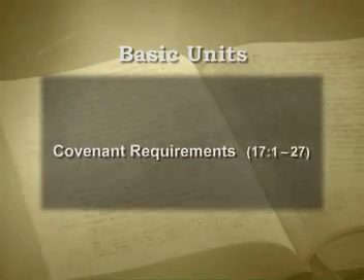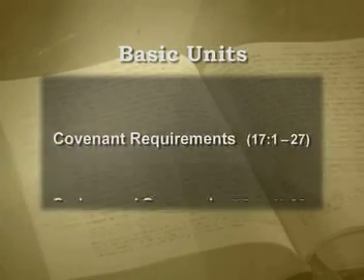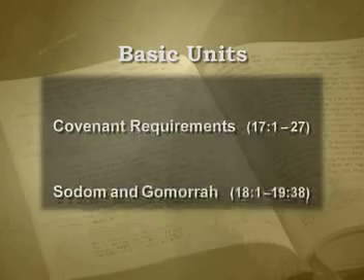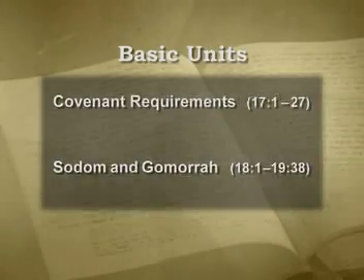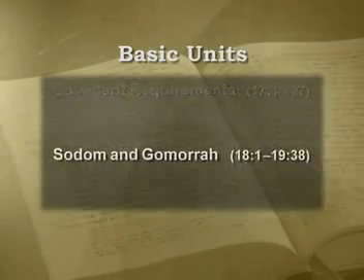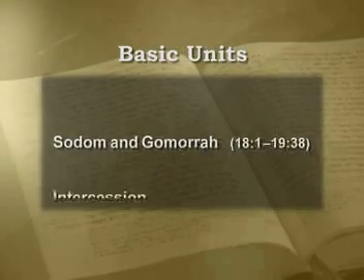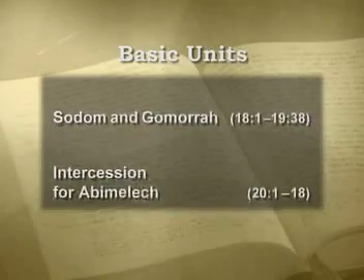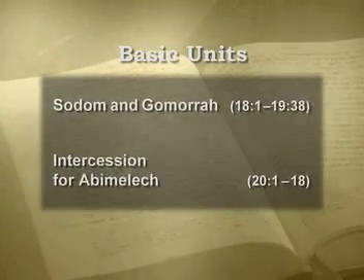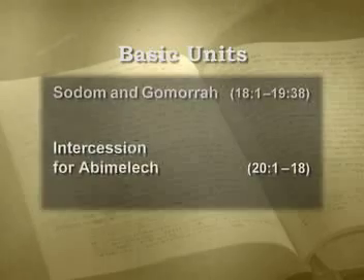Abraham's covenant requirements in chapter 17, verses 1 through 27, the account of God's covenant that reminded Abraham of the necessity of loyalty to the commands of God. Sodom and Gomorrah in chapter 18, verse 1 through chapter 19, verse 38, the story of the destruction of Sodom and Gomorrah and Lot's rescue from that destruction.